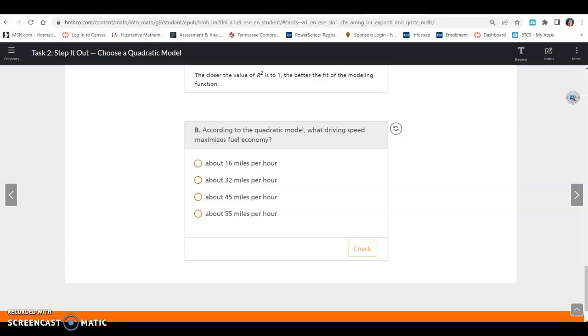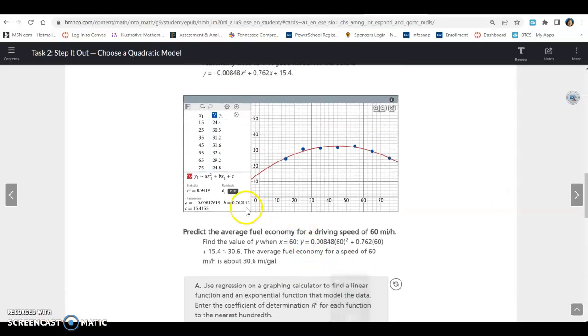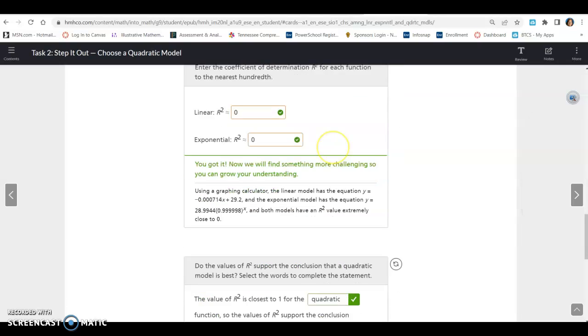All right, according to the quadratic model, what driving speed maximizes fuel economy? All right, so if you look at the model again, we can see the data here. You can look somewhere around probably 40 to 45.